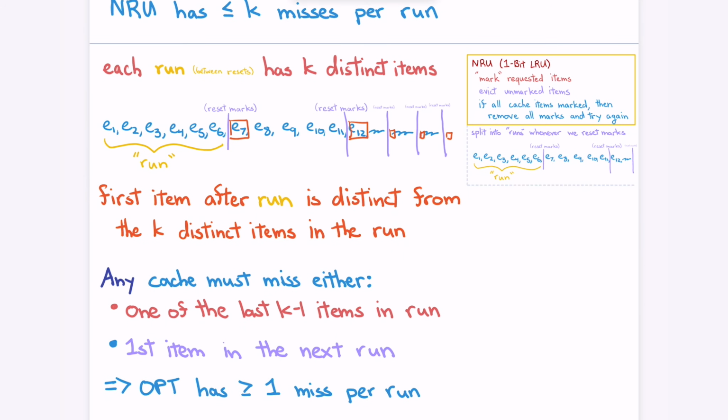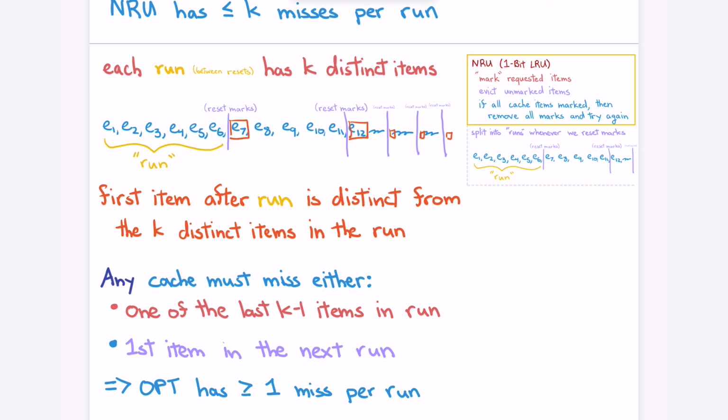The first item comes in, and then you're going to have to miss one of the last k minus 1 items in the run, or the first item in the next run, because otherwise that would be k whole items plus the first item you started with.